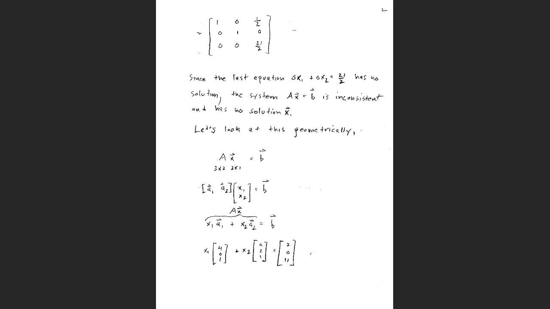I took -1 times the second row and added that to the third row and put the result in the third row. Okay, that's what I did.